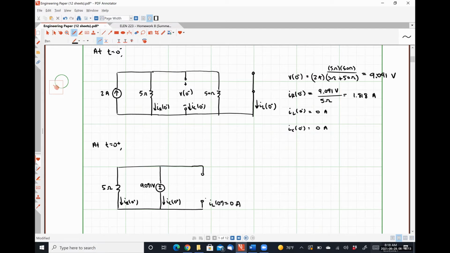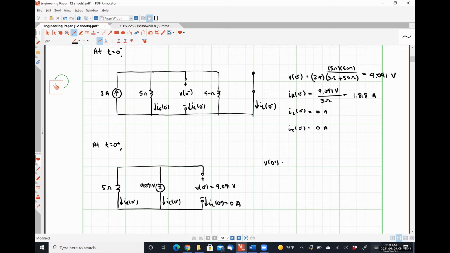And we know that our voltage V at 0 plus also has to be 9.091 volts. That is because the voltage drop over a capacitor cannot change abruptly, and the current flowing through an inductor cannot change abruptly. So let's write all that down.